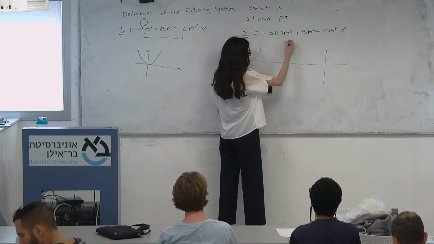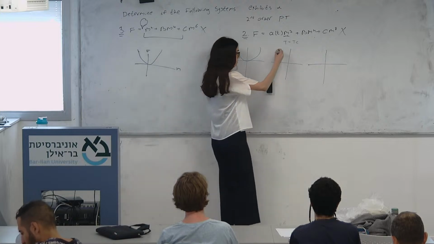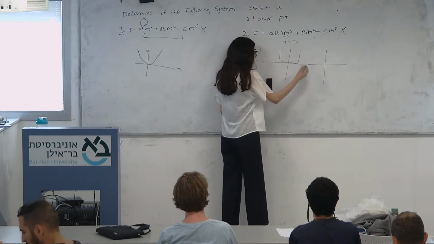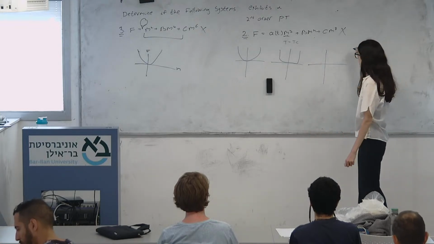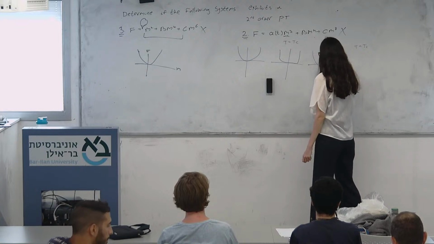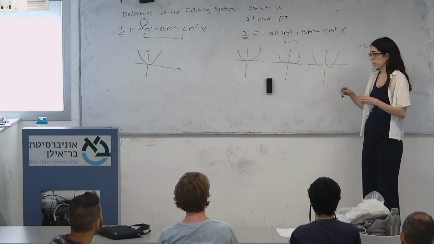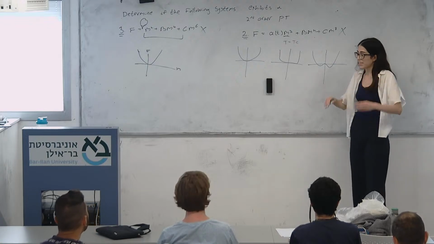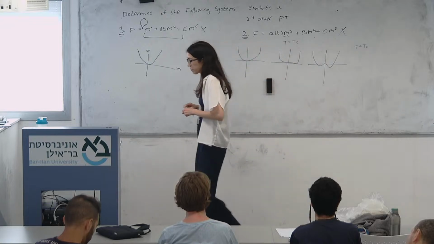When we go to T equal to the critical temperature, this becomes more and more flat. And when we go below the critical temperature, we get to the ordered phase, where we have two minima at the same height, and the system spontaneously chooses one of them.